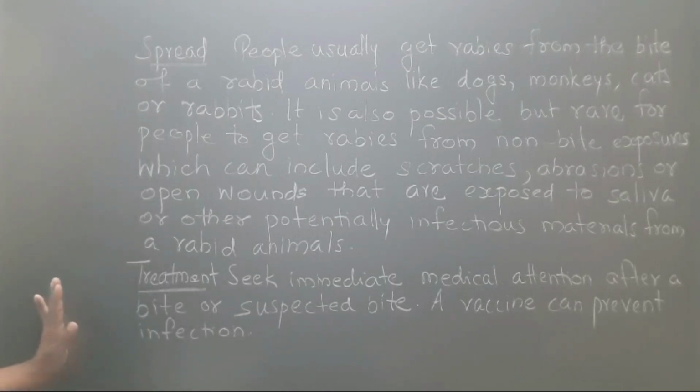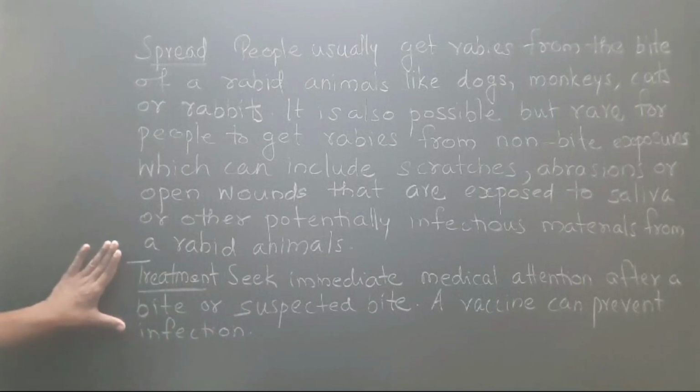What is the treatment? Immediately we should reach the hospital. Seek immediate medical attention after a bite or suspected bite. That is the best way. Then we will have a vaccination. A vaccine can prevent infection.